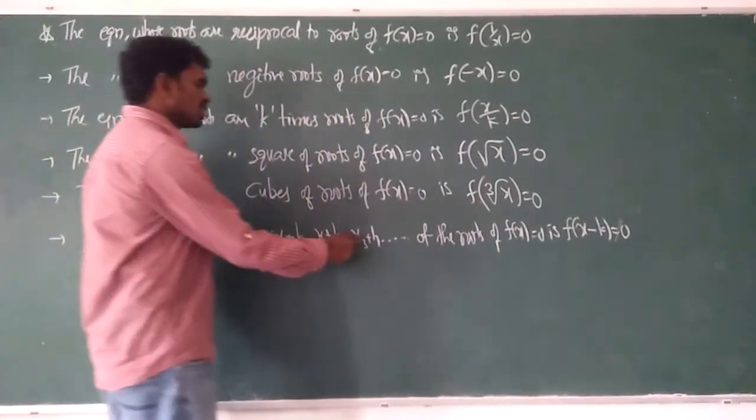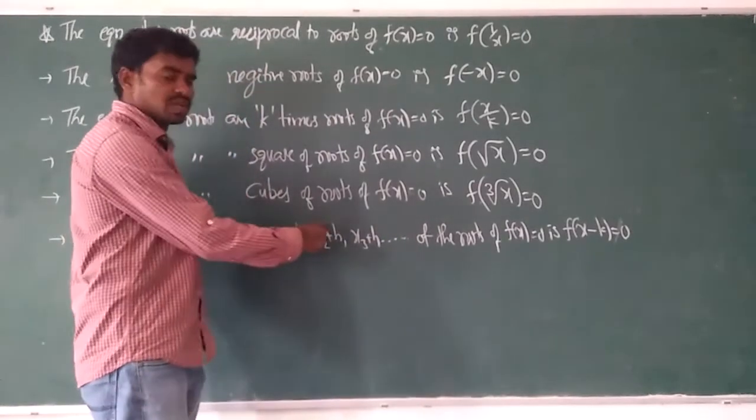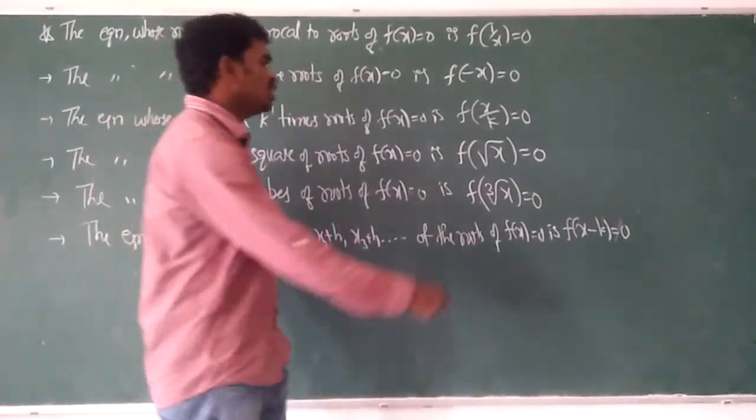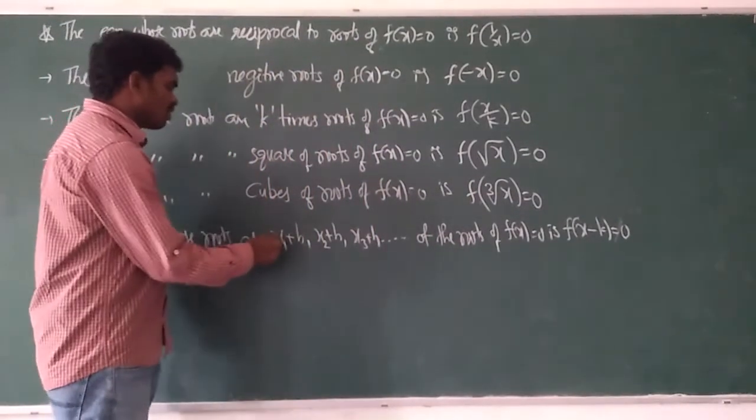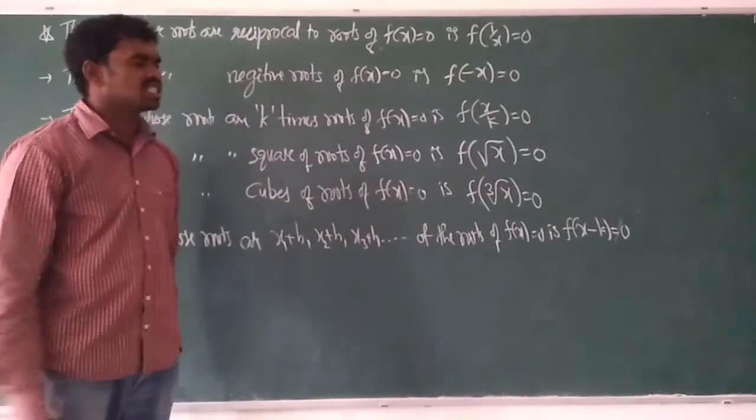Here x1 plus h, x2 plus h, x3 plus h are the roots. Then the resulting equation becomes f(x minus h). Otherwise, we can write alpha 1 plus h, alpha 2 plus h, alpha 3 plus h also in general.